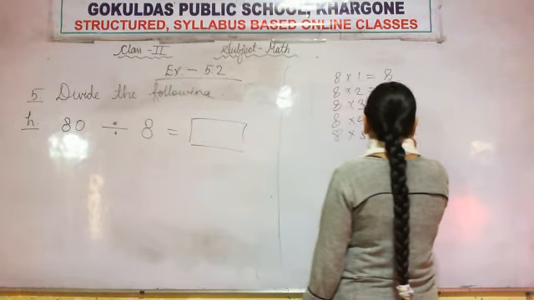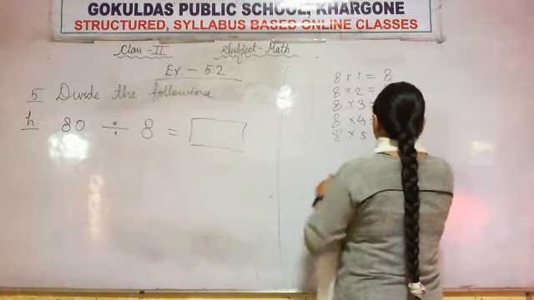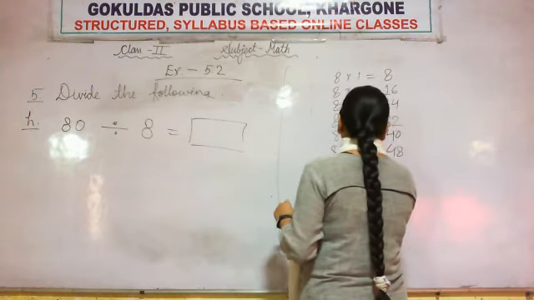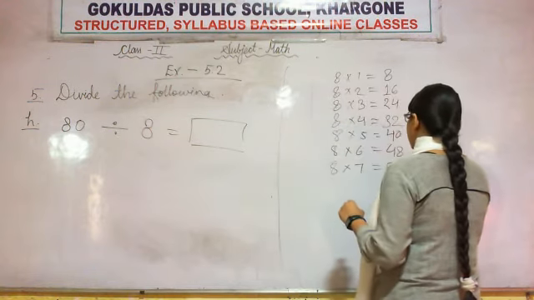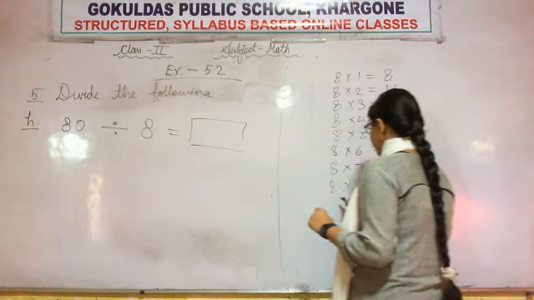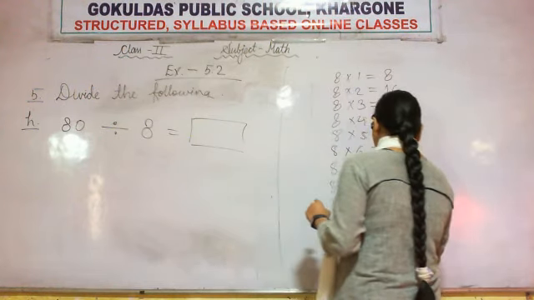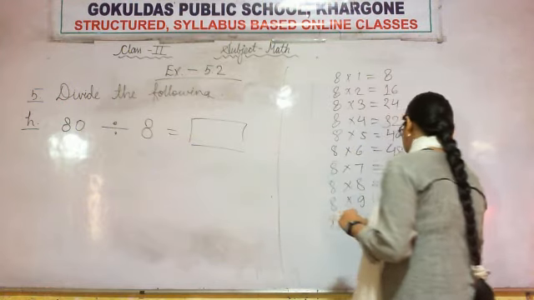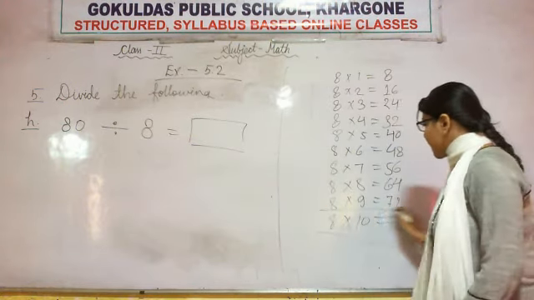8 fives are 40, 8 sixes are 48, 8 sevens are 56, 8 eights are 64, 8 nines are 72 and 8 tens are 80. See, we need the number 80.